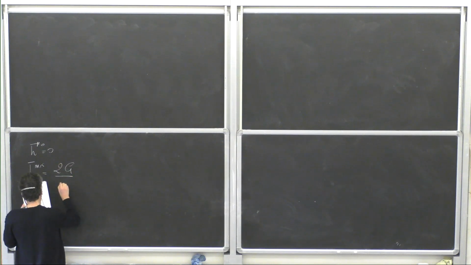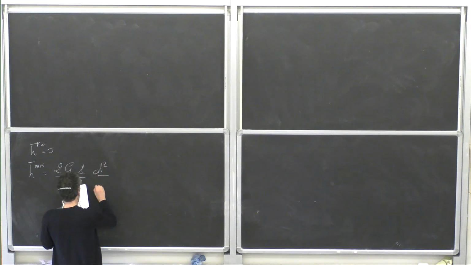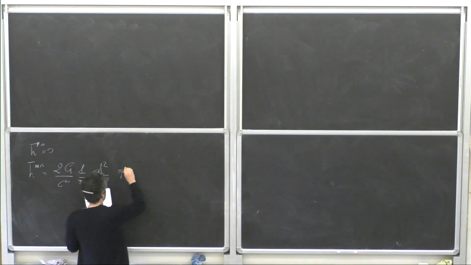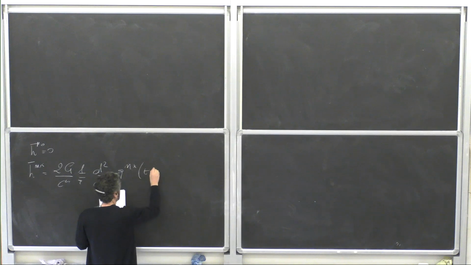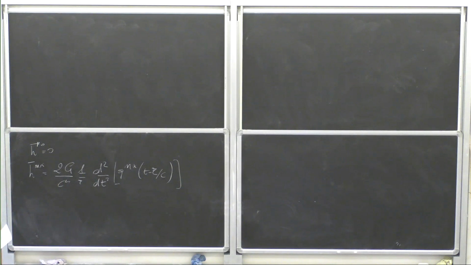So, let me make a summary of what we have seen yesterday. We have seen that the gravitational wave amplitude has this form here.